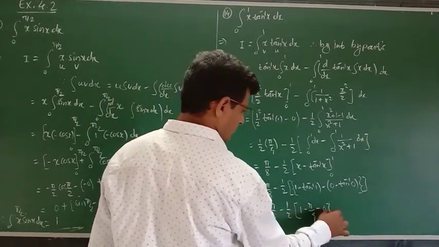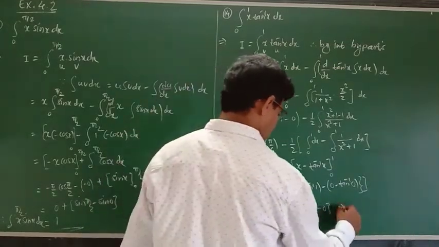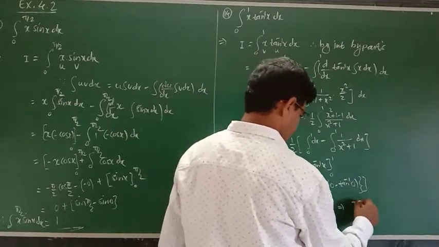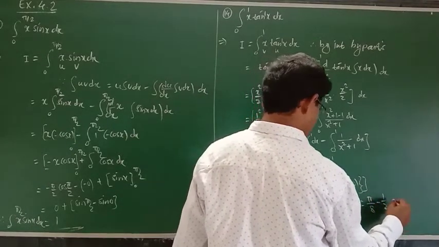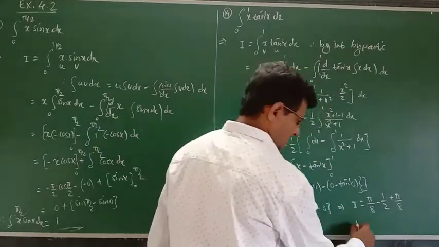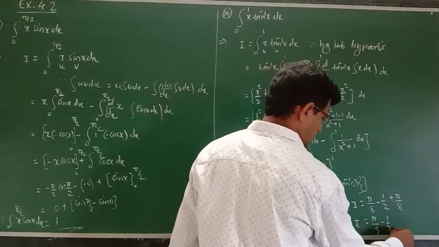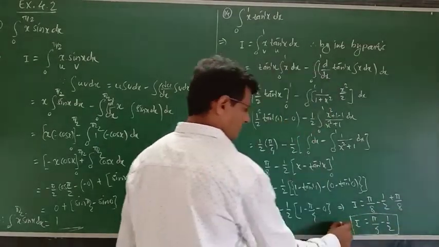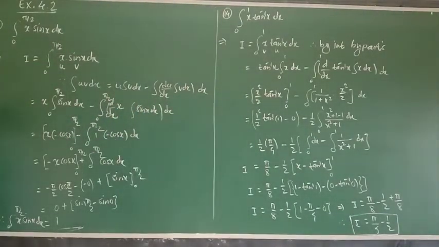So its value is 1 minus pi by 4 multiplying by 1 half. So I is equal to pi by 8 minus 1 half plus pi by 8. Okay, so I is equal to pi by 4 minus 1 half. This is the final value of this definite integral. Okay, pi by 4 minus 1 half.